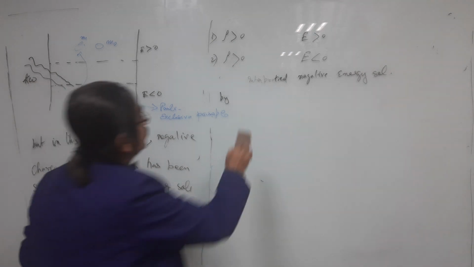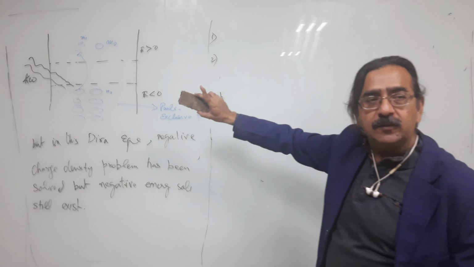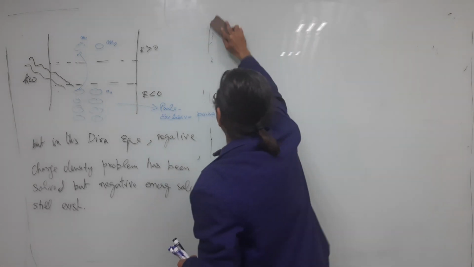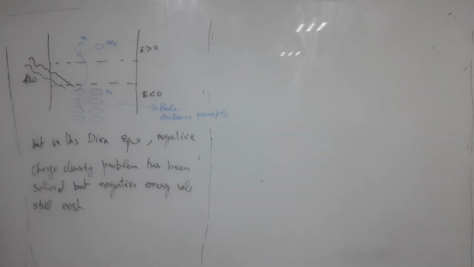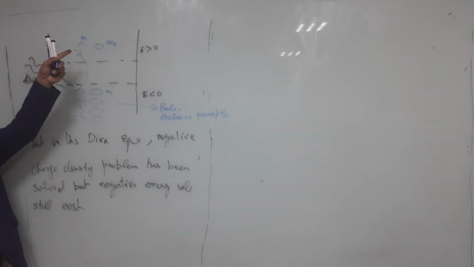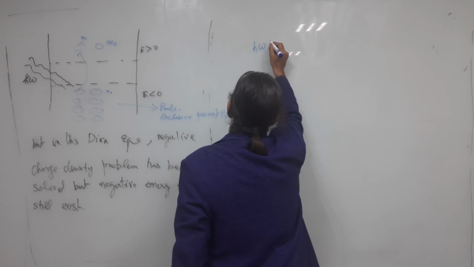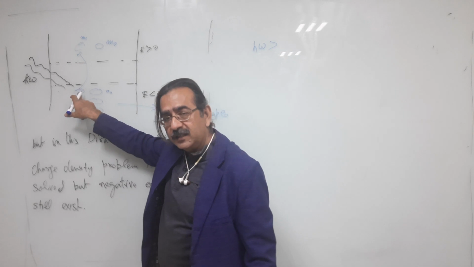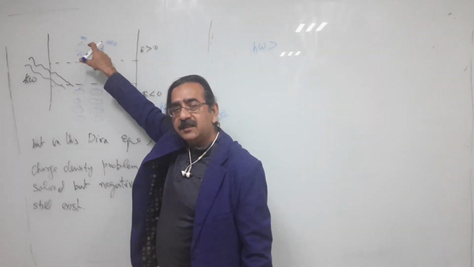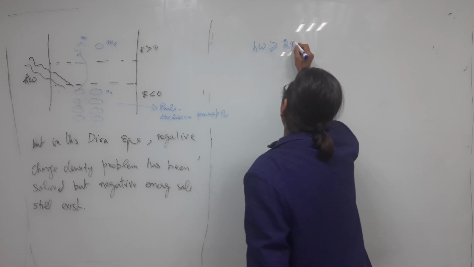So he said when it moves upward, the condition is h cut omega must be greater than, because a hole is created, this is m naught energy, this is m naught. So this energy must be greater than or equal to 2 m naught.